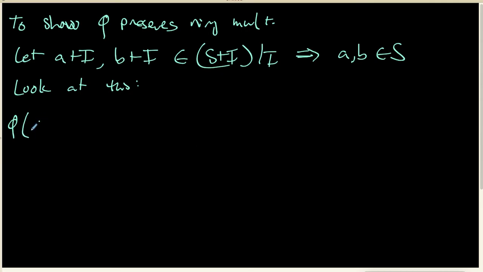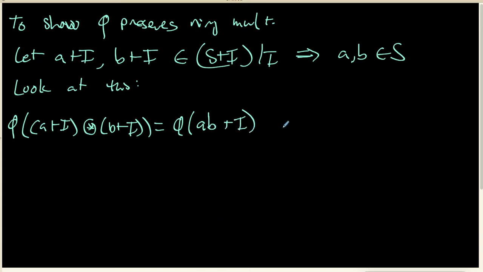Phi of A plus I times B plus I is just going to be phi of AB plus I. And that's by the definition of coset multiplication in the ring S plus I mod I.